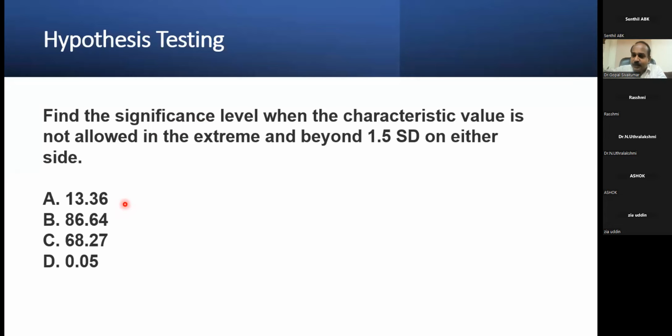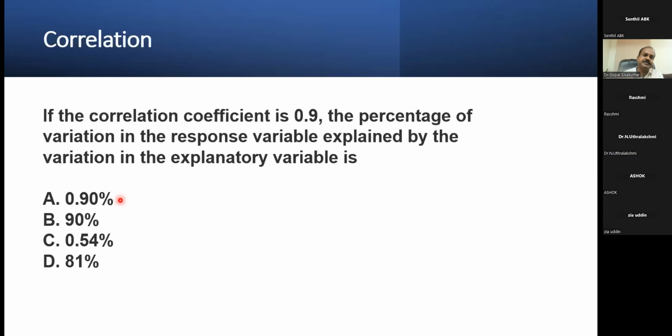Or what is the value of the line of significance? 1.5 standard deviation. Right? So when I say level of significance is 13.36, that means the balance 87 is what we call confidence level.